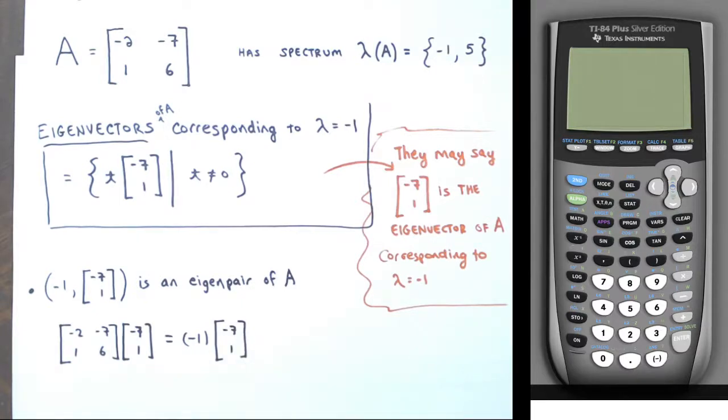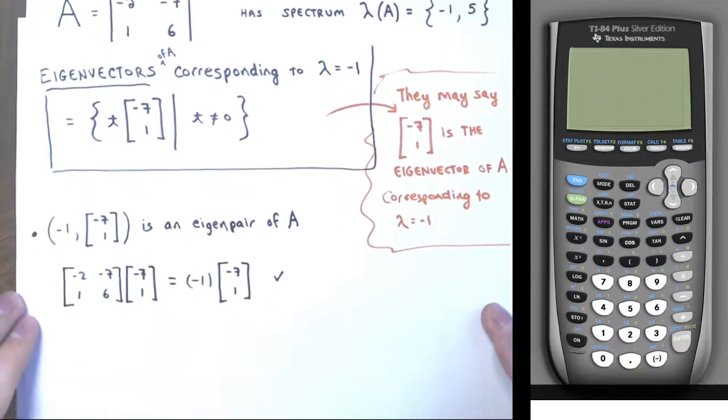This should be true, and you can check that. If I multiply these two, I get a 2 by 1, where the first row would be 14 minus 7, or +7. And that's -1 times -7, so that's correct. And then the second row would be -7 plus 6, or -1, which is -1 times 1. So this is true.